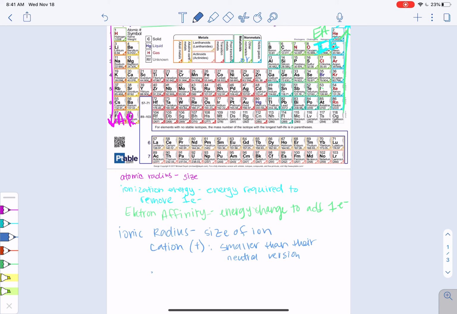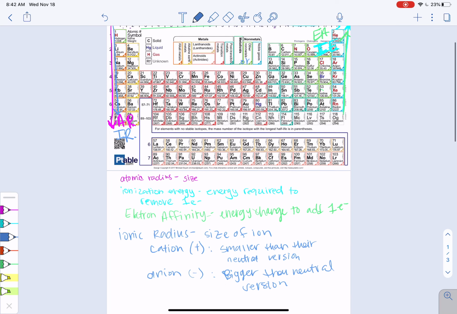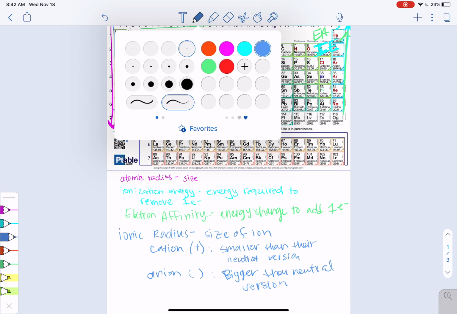And then we learned an anion, which is negative, and these are bigger than their neutral version. We also learned a trend with this. We learned that it goes down and to the right, which is putting IR on this side.